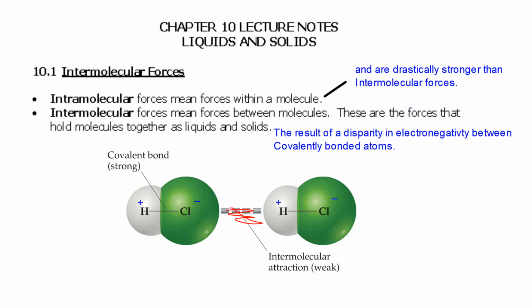This bond, between the chlorine on the one molecule and the hydrogen on the other, is drastically weaker than the bond inside the molecule that holds the hydrogen to the chlorine, where electrons are actually being shared between the two atoms. The bond between the two molecules is not nearly as strong.